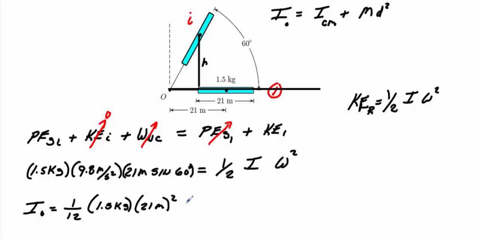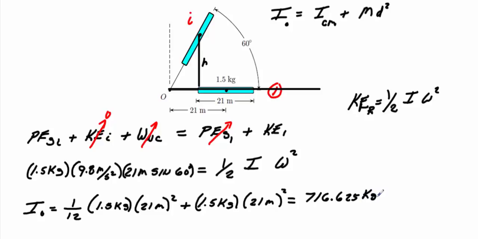Using the parallel axis theorem, plus the mass, 1.5 kilograms, times the distance from the rotational point squared. Again, that just happens to be 21 meters. That's more of a coincidence than anything else. If I run that value, I believe you'll get 716.625 kilograms meters squared. So that's going to be my moment of inertia.